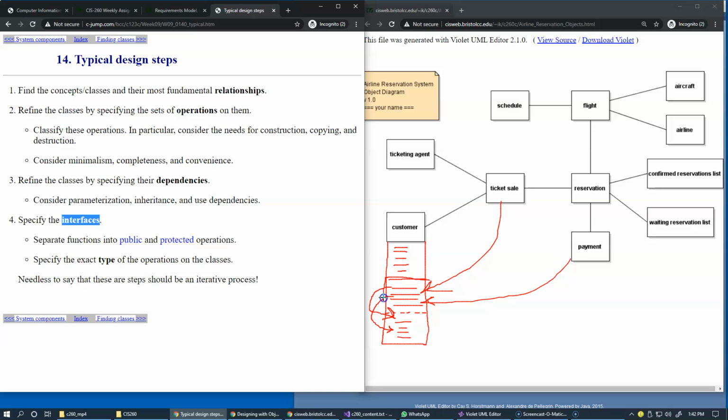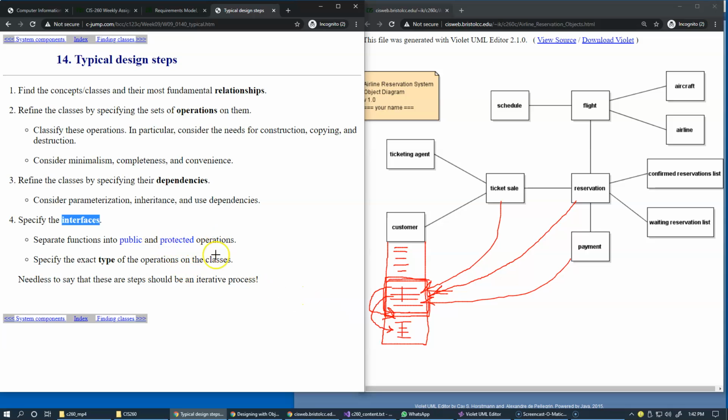This publicly available set of operations in our class, those parts that are accessible from other components of the system, makes up the public interface of this class. We need to have some clarity about what operations should be public and what operations should be private or protected.